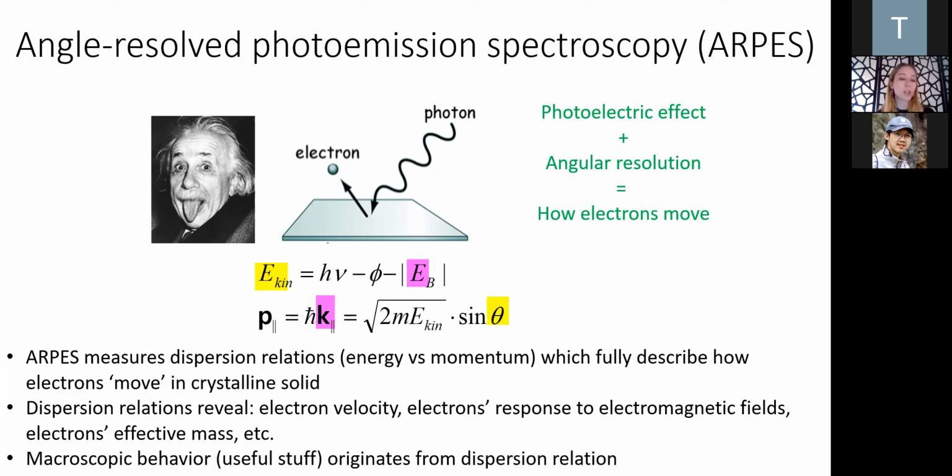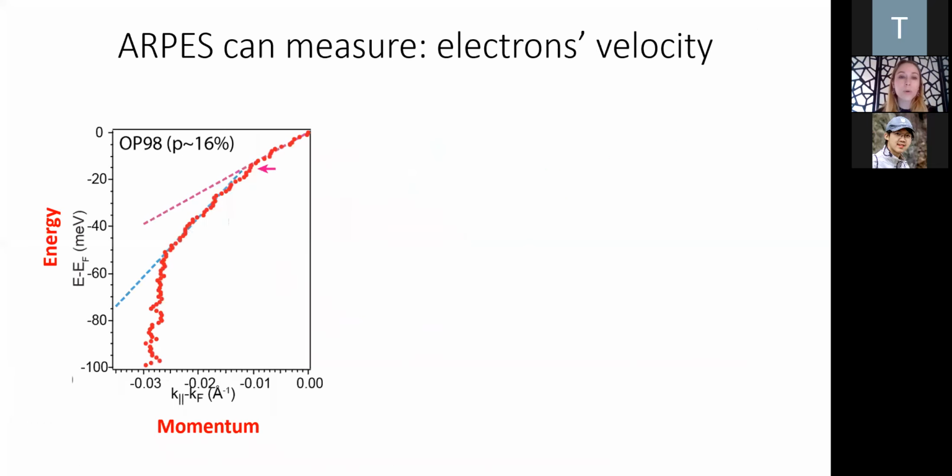What we can learn from dispersion relations is things like electron velocity, electrons' response to electromagnetic fields, electrons' effective mass, and there are many macroscopic things that originate from dispersion relations. I'll try to give a couple of examples of that as I go on. Let me quantify some of these statements.